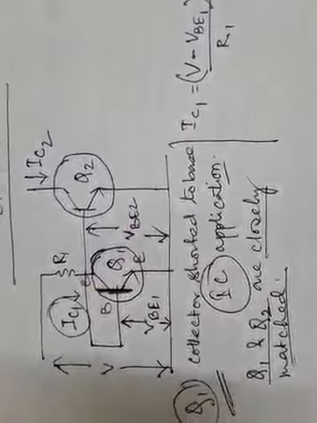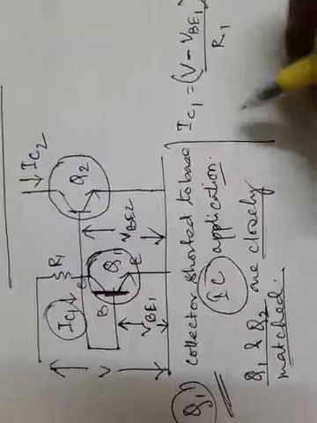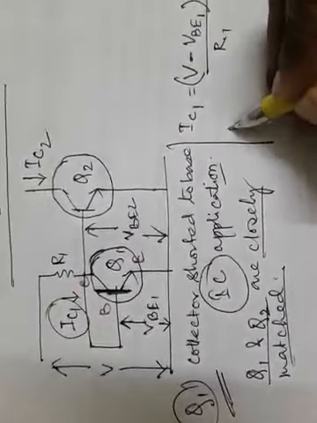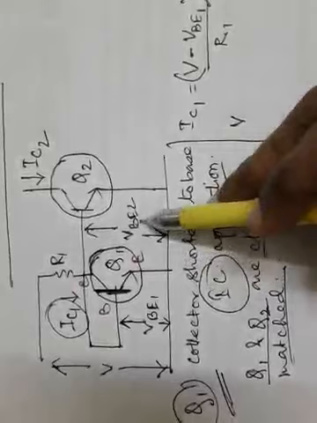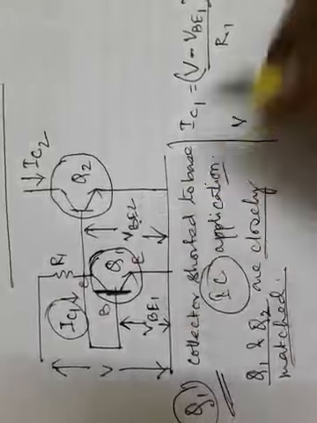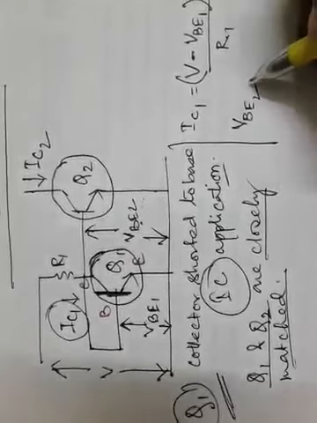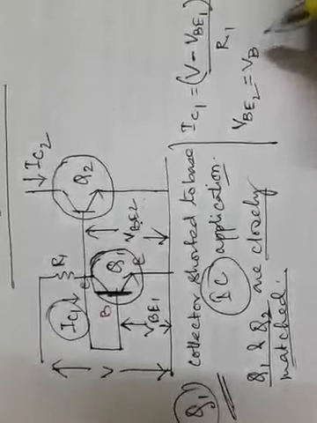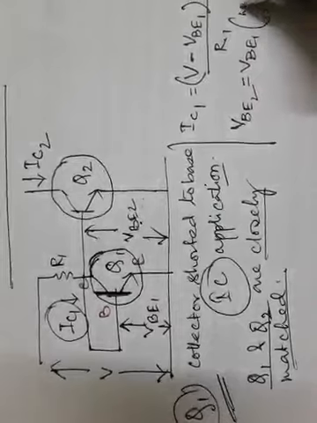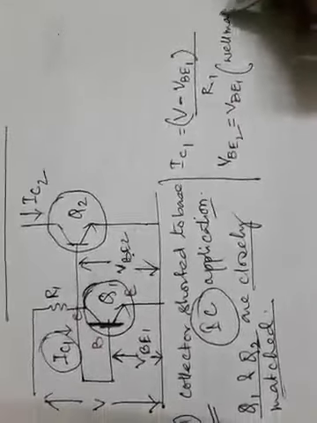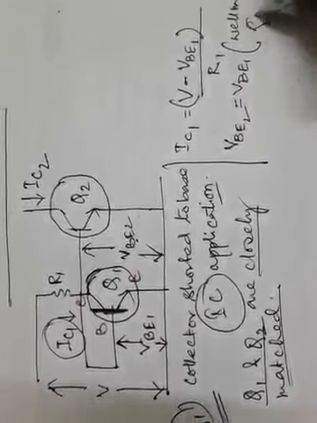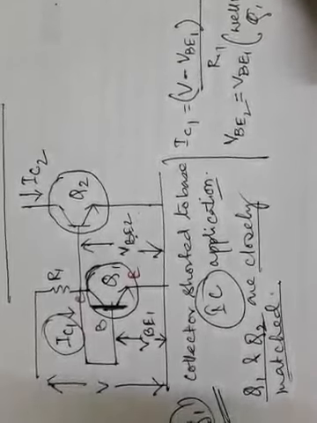Now since the transistors are well matched, their properties are matched, so VBE2, the base emitter voltage of the second transistor, will be equal to VBE1 because of well matched Q1 and Q2.